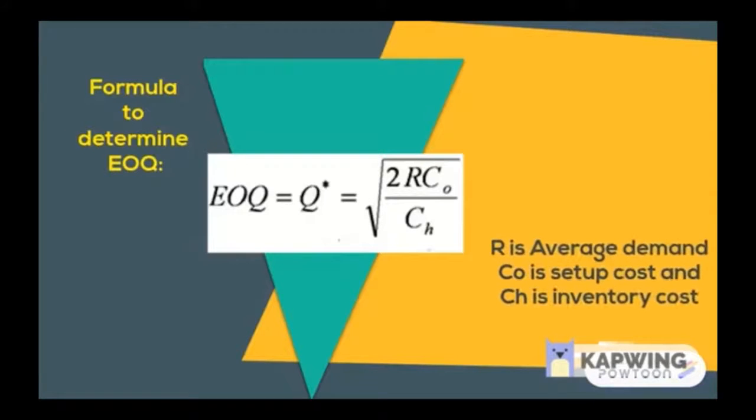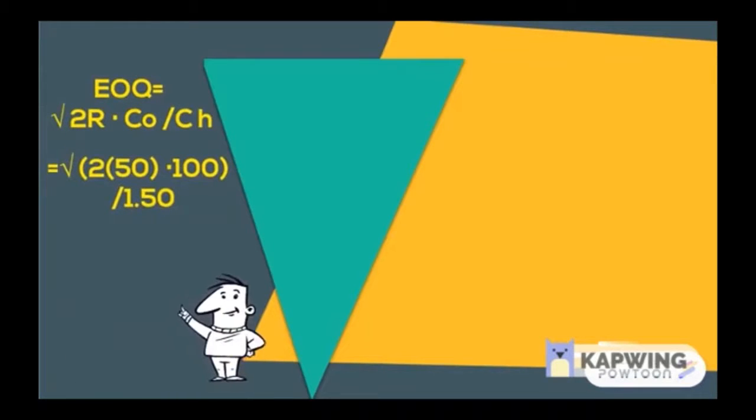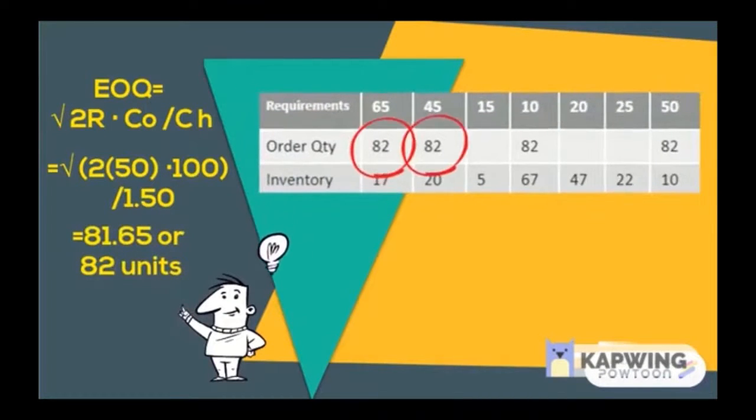In the formula, R is average demand, CO is setup cost, and CH is inventory cost. Let's say that the average demand is 50, setup cost $100, and inventory cost $1.5 per week. The EOQ will be 82 units. This means that Adam will order 82 units every time he makes an order.